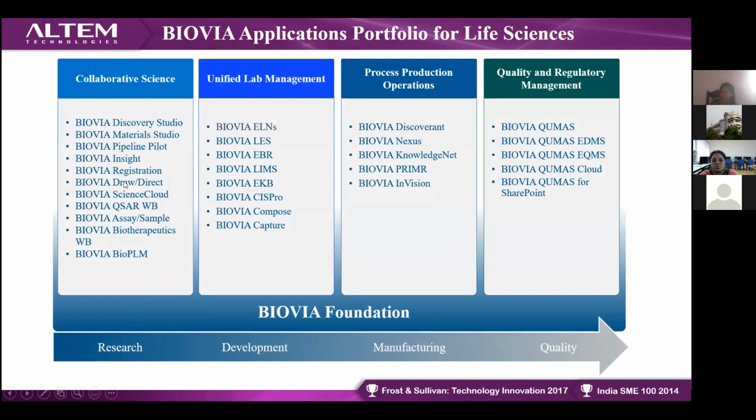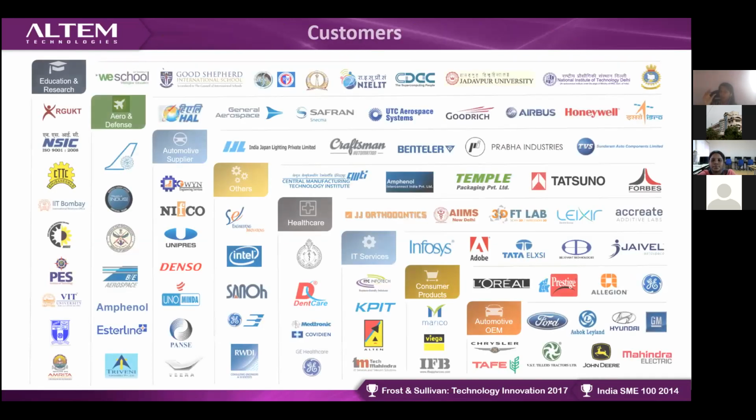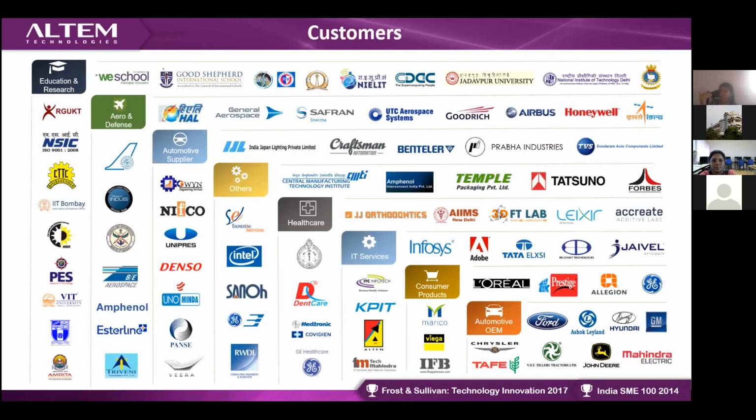BioVia Draw and Direct will be there too. There is an application for each and every need, so we help from research and development till quality. Even to develop a drug, and once you have developed the drug, you will go for pharmacovigilance as well as clinical regulatory trials, right? For that also we are supporting, and we have more than 200 customers all over India.